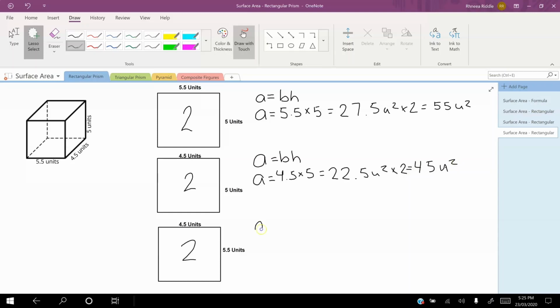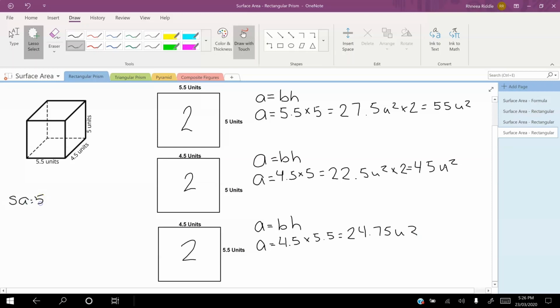And again, this last one, area equals base times height. Area equals 4.5 times 5.5. And when we go ahead and multiply those, we get 24.75 units squared. And now we're going to find the surface area.